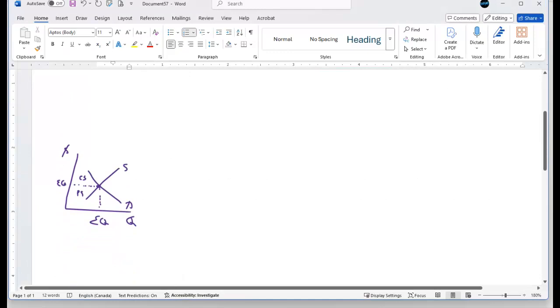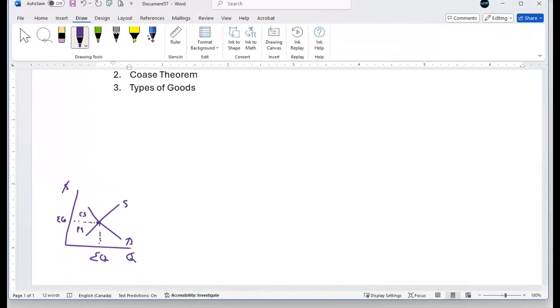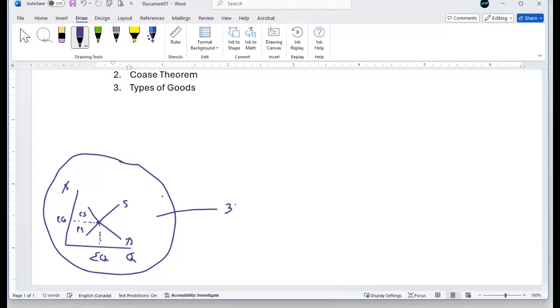So here is, let's call this, my market for widgets. And my market for widgets is in equilibrium, and we're allocating the right number of widgets and so on and so forth. And what's happening is that in the production of these widgets or in the use of these widgets, a third party is being benefited or having costs incurred, and those costs and benefits are not being included in this supply and demand model.